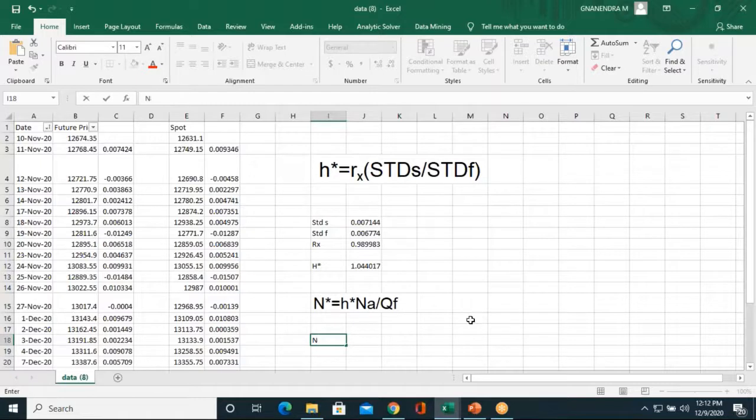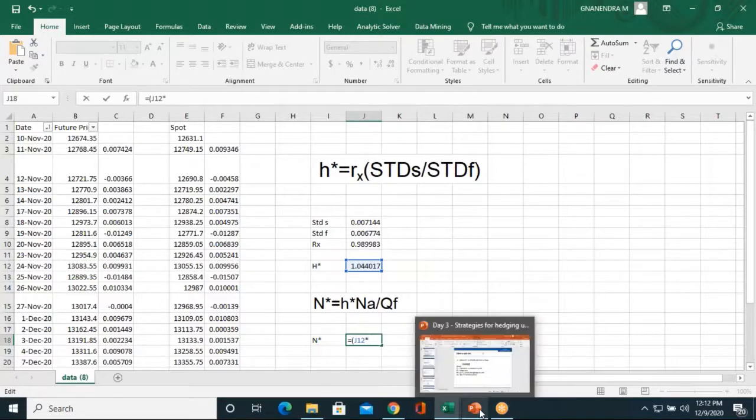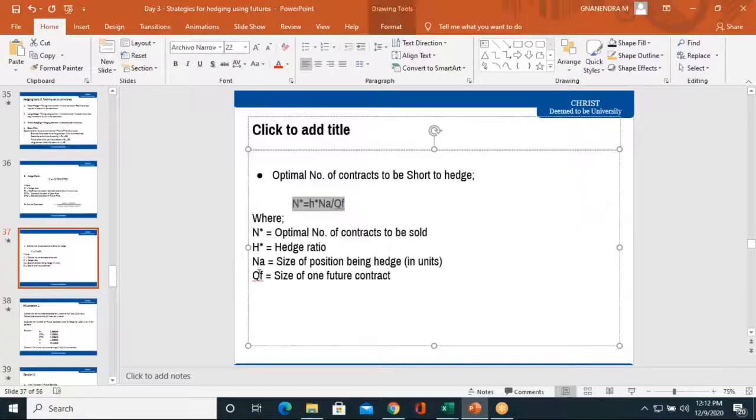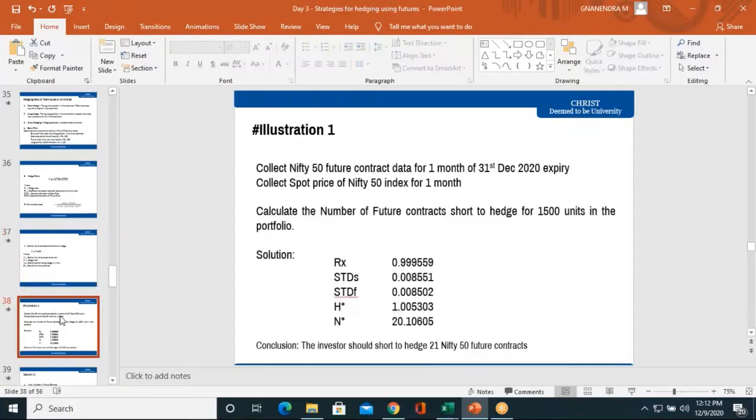Okay, N star is equal to H star, should open a bracket here, into now the question is about the number of contracts, I assumed here, you can see, just I wrote here, one second, it's not moving.